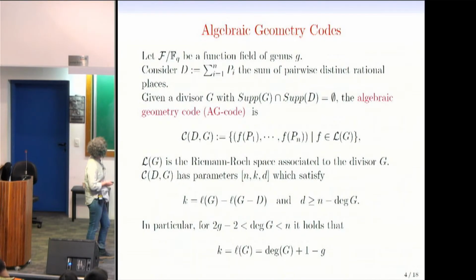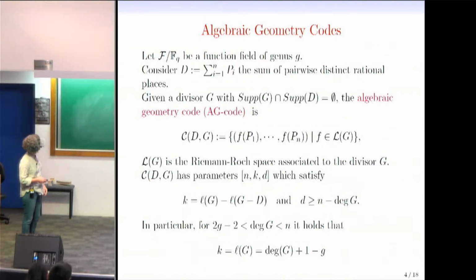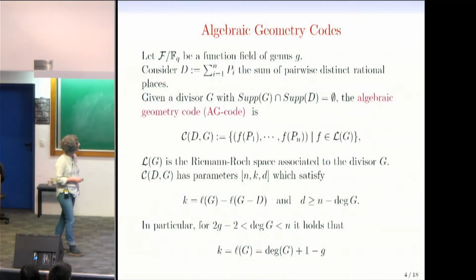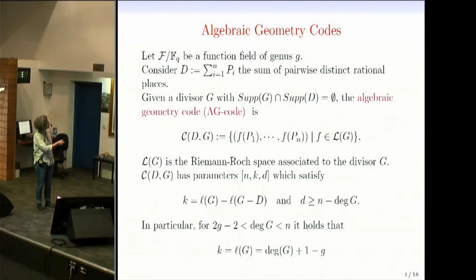You fix any divisor D that is the sum of pairwise distinct rational places. So you take any different rational points on your curve. Fix a divisor G such that the points in G are not in D. The algebraic geometry code is just the evaluation of functions living in the Riemann-Roch space associated to the divisor G, evaluated at those points.